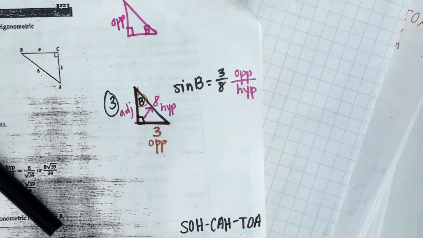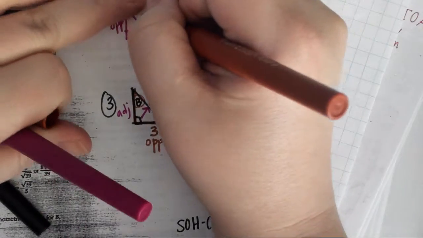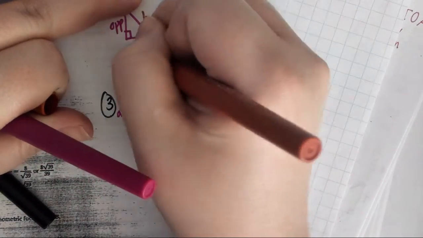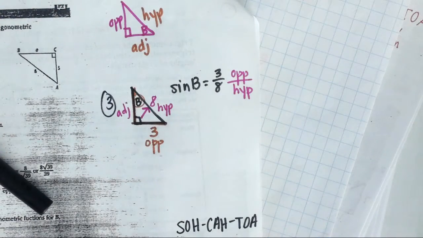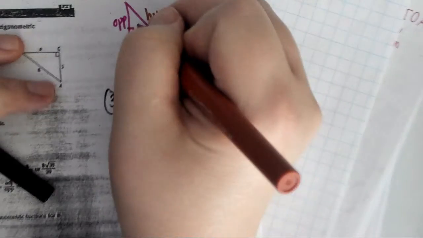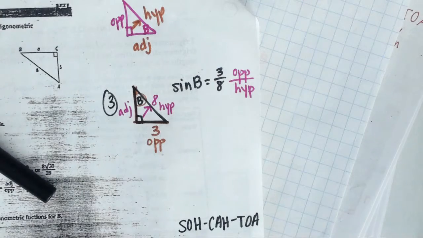So the adjacent is the leftover guy, the side next to B. That's why it's called adjacent, because it's beside him. But the hypotenuse is always the longest side, across from the 90, always. I even draw myself an arrow sometimes to remind myself.